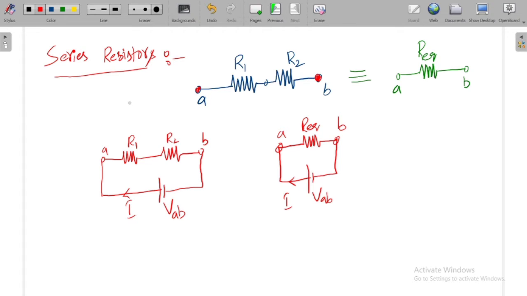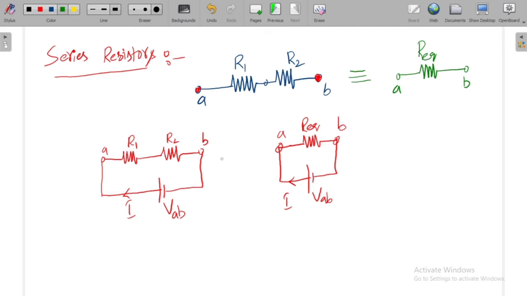So what is the meaning of this? In order to say that the series combination of these two resistors is the same as the single resistance R equivalent, we need to follow a condition.